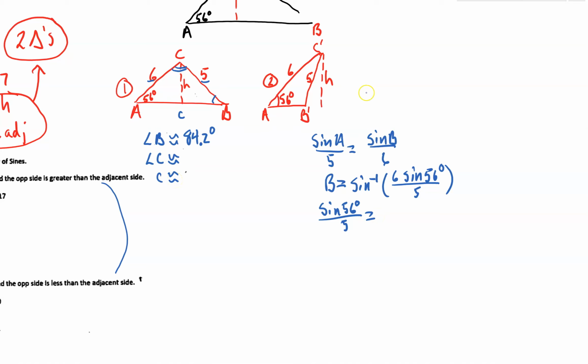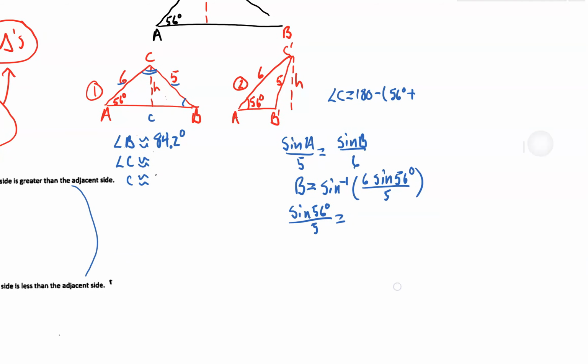I find angle C by saying angle C is equal to 180 minus, this is 56 degrees, plus the angle measure for B, which was 84, and now I'm saying 84.2, but you guys have to keep in mind that you shouldn't be rounding to one decimal place.